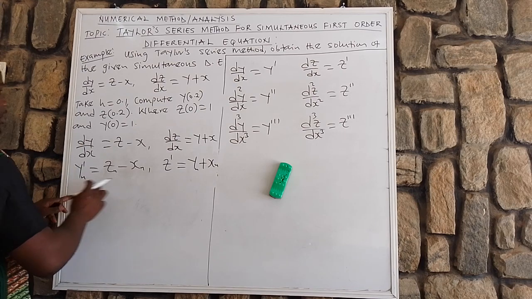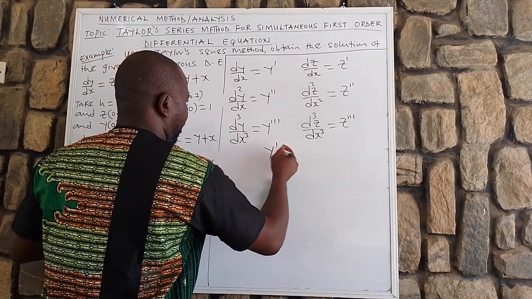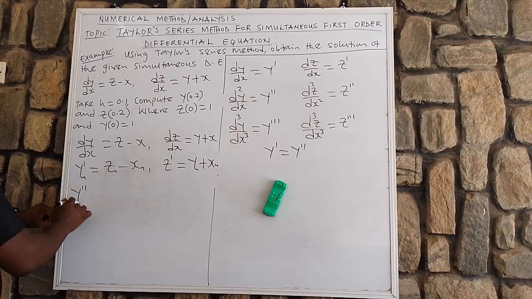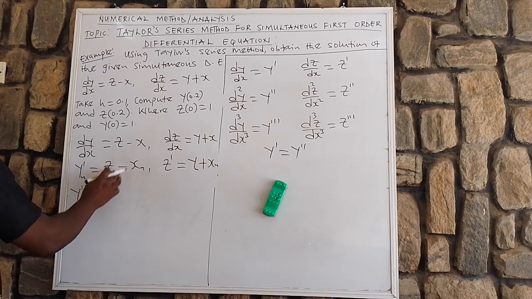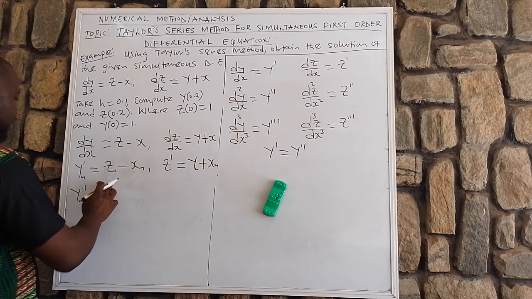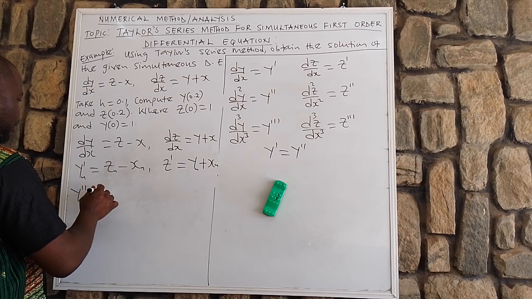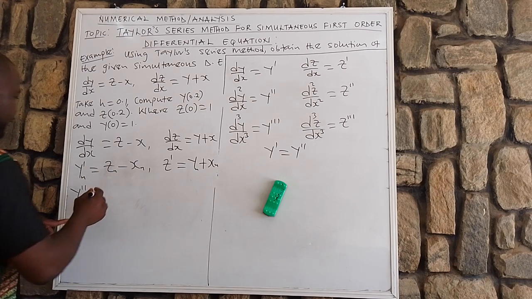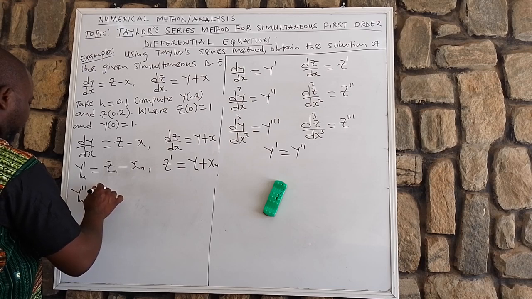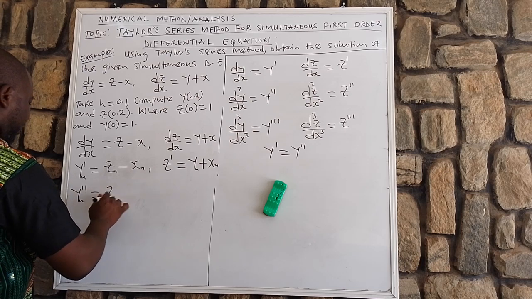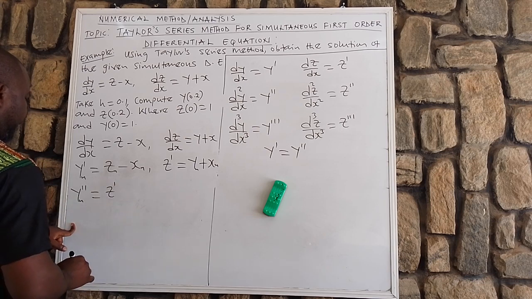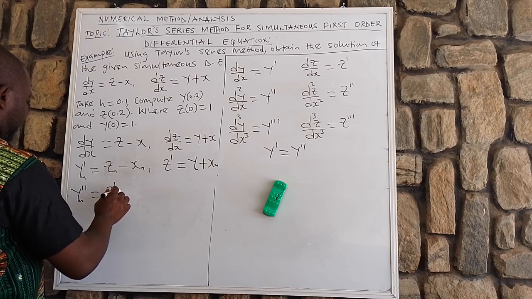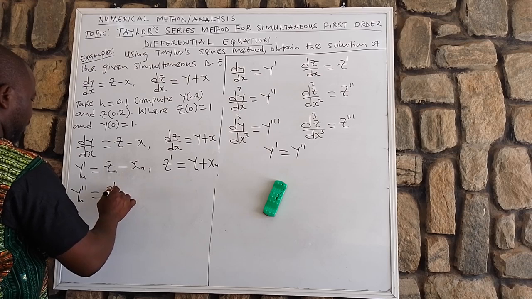If we differentiate y prime, it gives us y double prime. Take note, y double prime subscript n is equal to, if we differentiate z, what does it give us? Sorry, z prime. Then differentiating x gives us 1, minus 1.